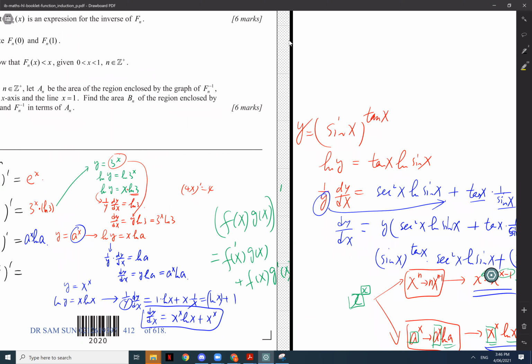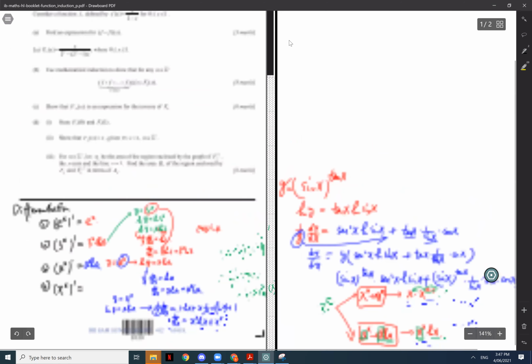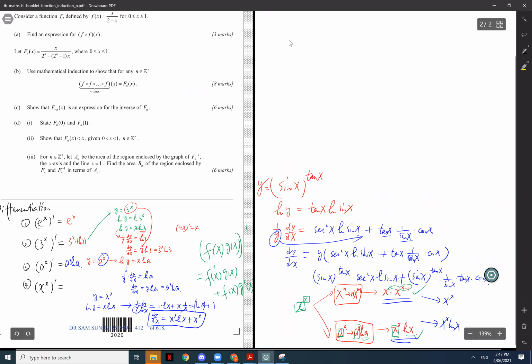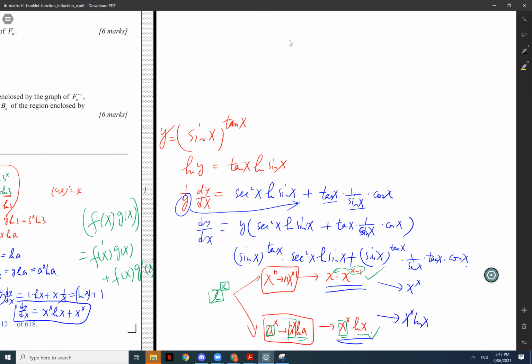That's the idea, and it's pretty important. When you differentiate something, we can differentiate one part and keep the other part unchanged.